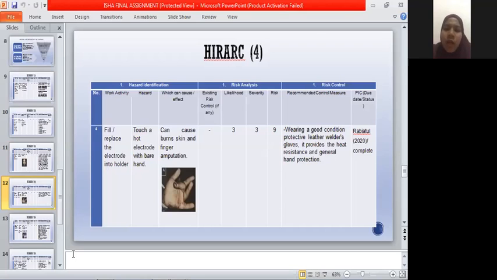For the likelihood, it's 3 and severity 3, and the risk is 9. The recommended control measure is wearing good condition protective leather welders' gloves. They provide heat resistance and general hand protection.